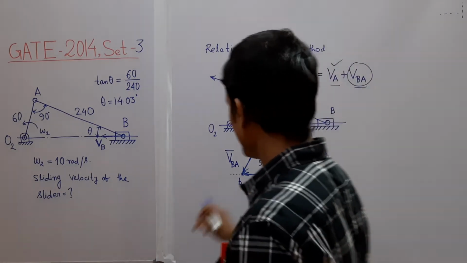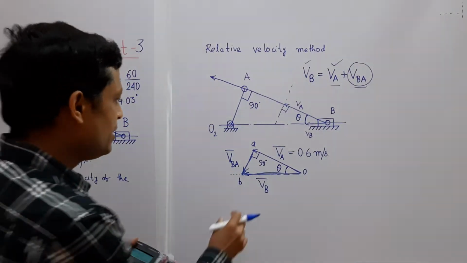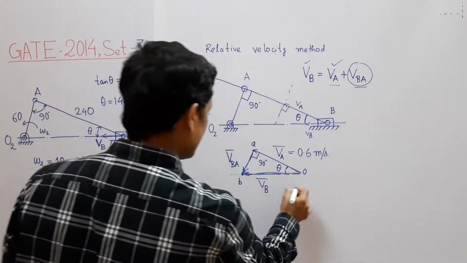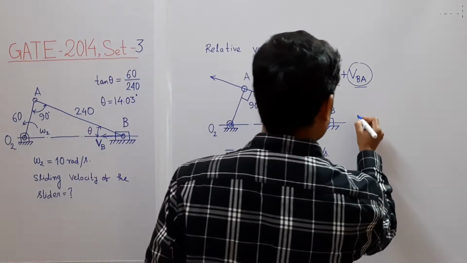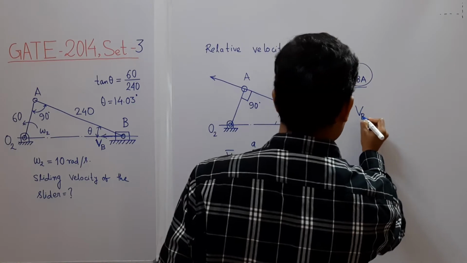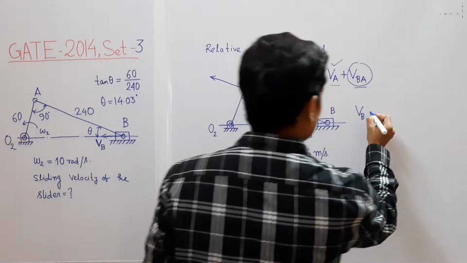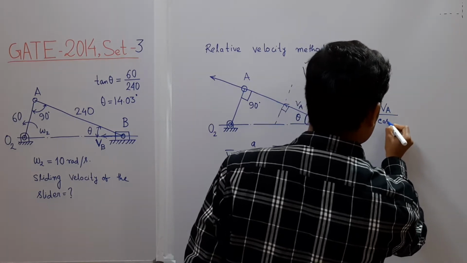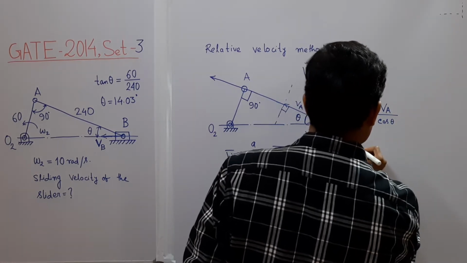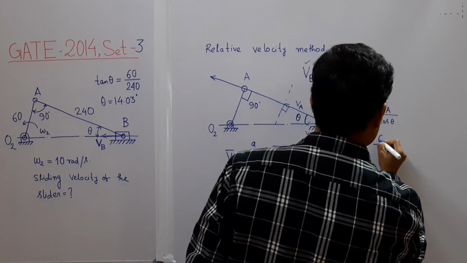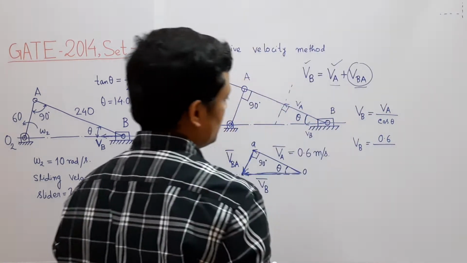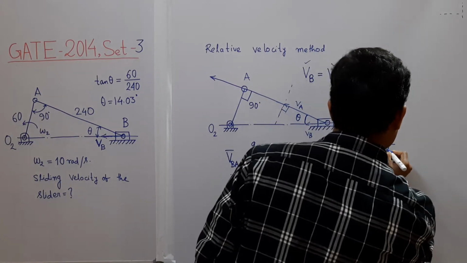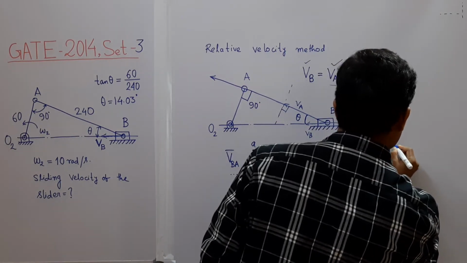And now what is the relation between VBA and VA? So from this velocity triangle, VB is equal with VA cos of theta. So VB is equal 0.6 cos of 14.03 degree.